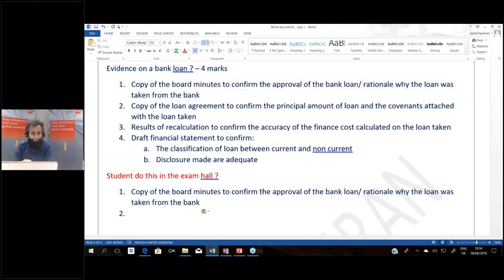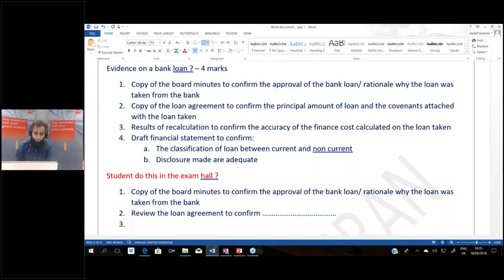When the student was writing the second point, the student mistakenly wrote, review the loan agreement to confirm whatever. He was writing a question on evidence, right? And mistakenly he wrote, review the loan agreement.